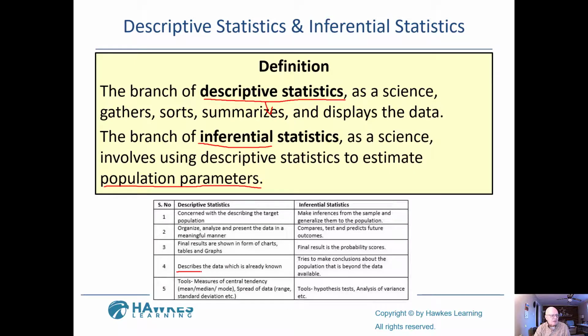Things that notice: description, organize, tables, describing the target population, and so on. That's if you have the information. Inferential, you don't have the actual parameters, you don't have access to what you would really like, but you're going to make your best guess, your best statistical guess as to what the population parameters really are.